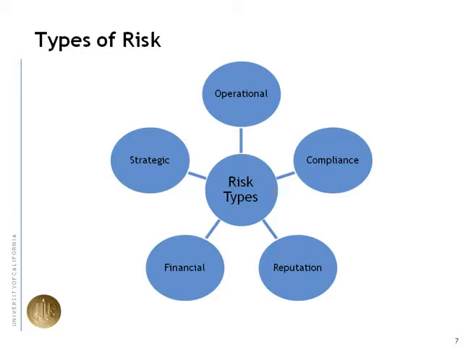From an operational standpoint, hazard risk would typically fall under that. That's probably the only area that we might be able to buy insurance for to help mitigate some of those risks. On the compliance risk side, there's probably not necessarily insurance, but that's the regulatory risk, those types of things we need to be concerned about.